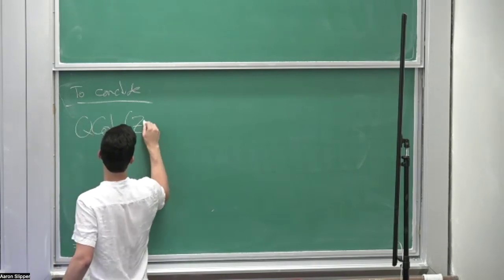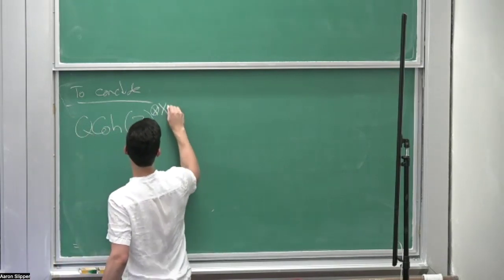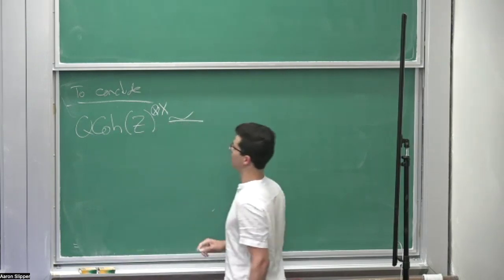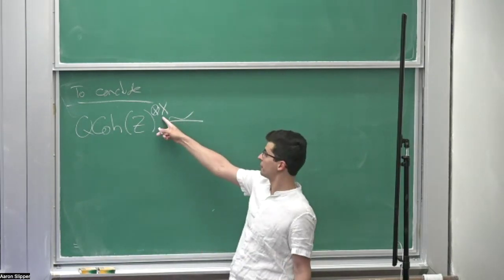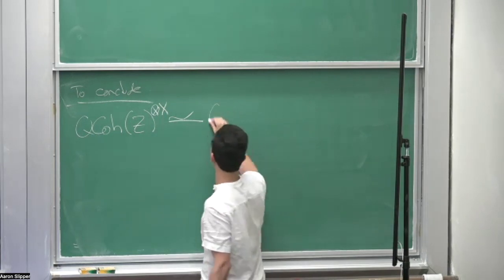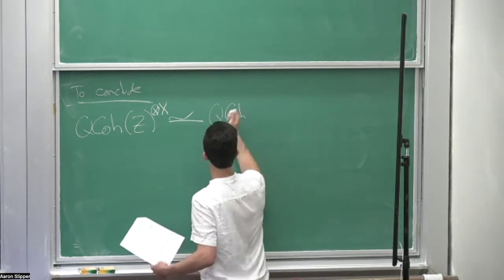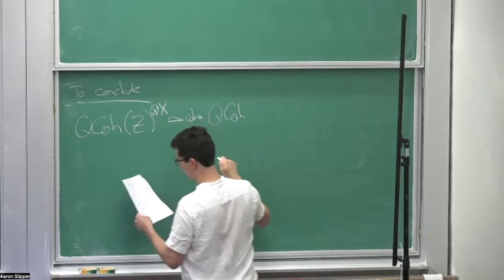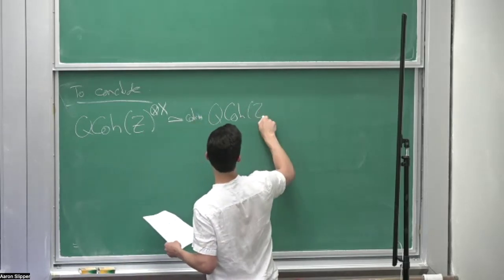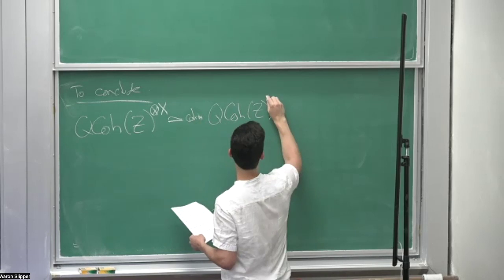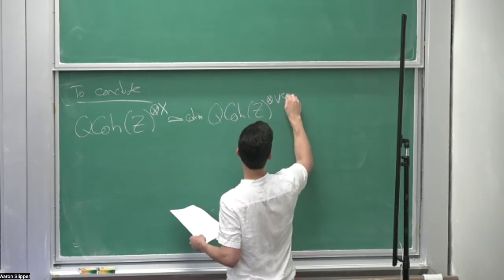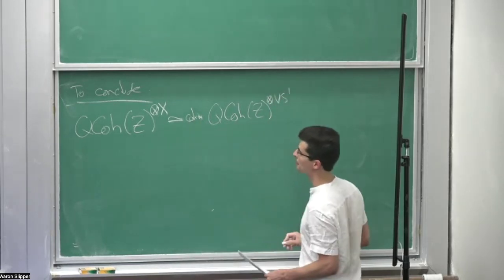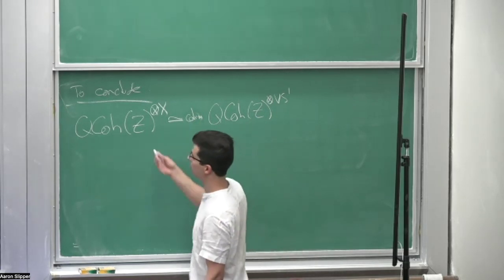QCoh of Z tensor X, by definition of this tensor X, commutes with colimits, so I can write the colimit of Z tensor wedge S1. I'm using the universal property plus step 1.